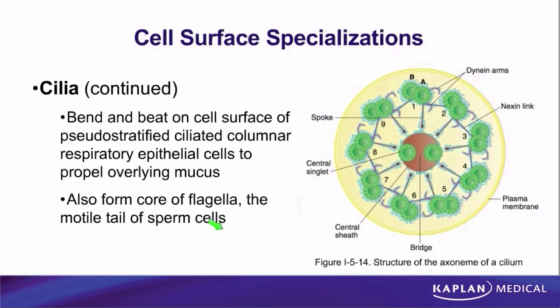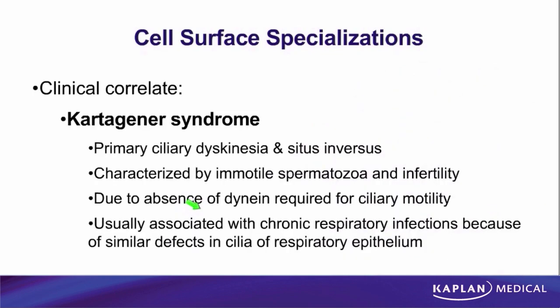Similarly, we talked about the tail of the sperm being the flagellum, which is what allows the sperm to be motile. And in order for that flagellum to be motile, we need the microtubules with their dynein side arms to be functional to provide that motility. This all leads us to an understanding of a disease which is called primary ciliary dyskinesia, in which the cilia or flagella are not motile.